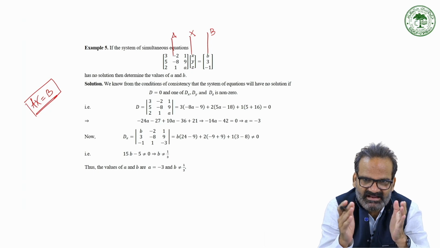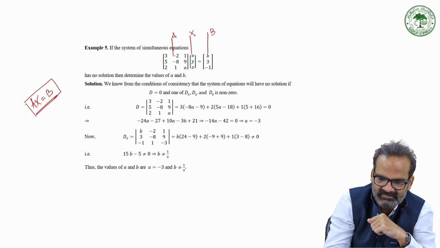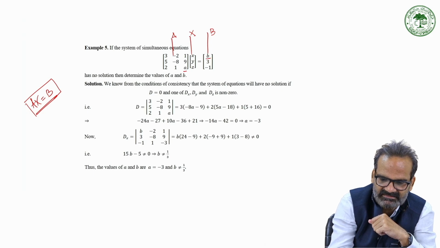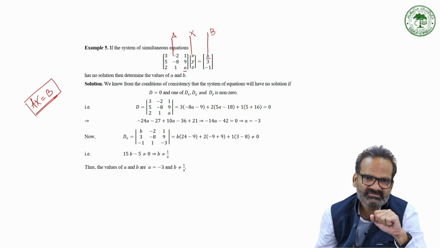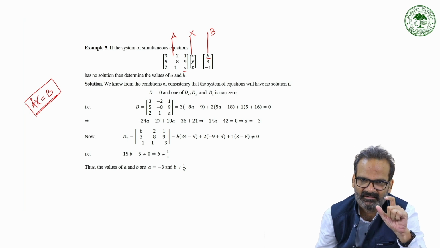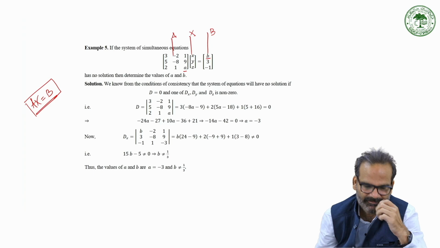So this system Ax = B has no solution, and we have to determine the values of A and B. Where is A? A is this element and B is this element. So you have to determine what should be the values of these two numbers A and B such that the given system Ax = B must have no solution, right?